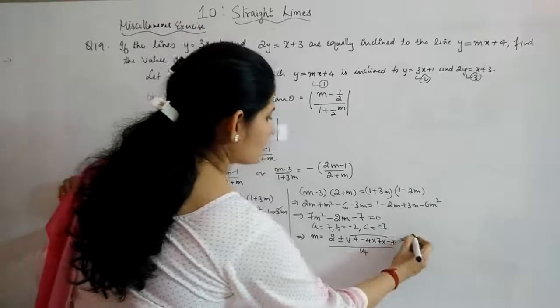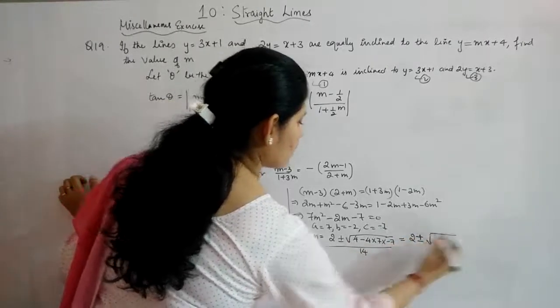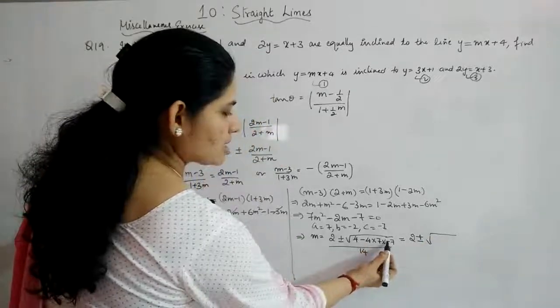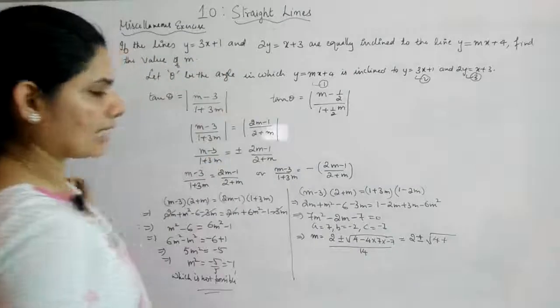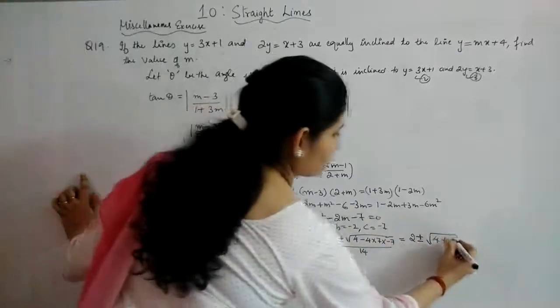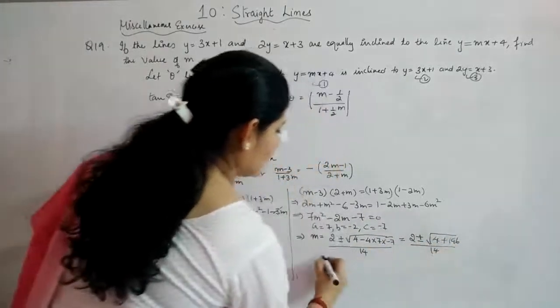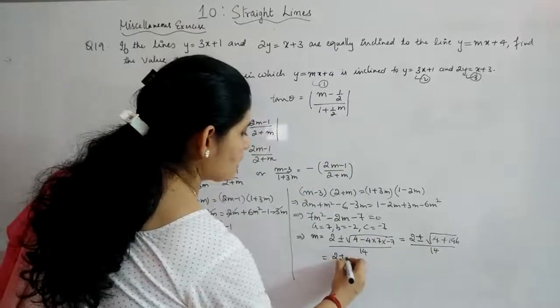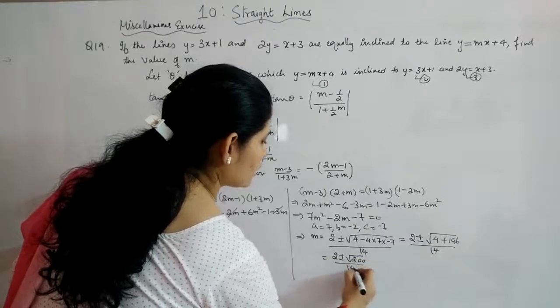This is equal to 2 plus or minus root of, this is 4, here you will have plus 4 into 49, 49 into 4 will give you 196. 196 plus 4, that means 2 plus or minus root of 200, divided by 14.